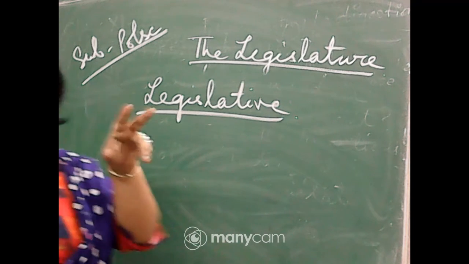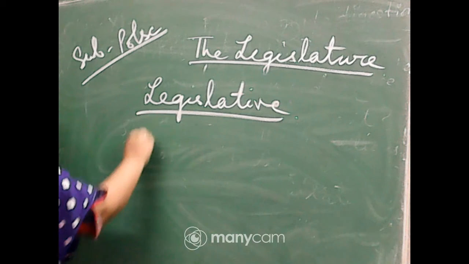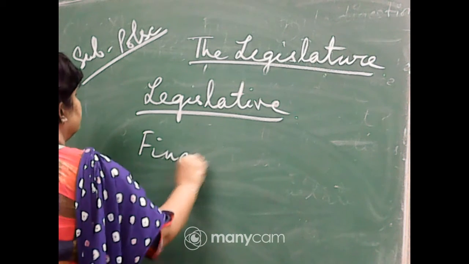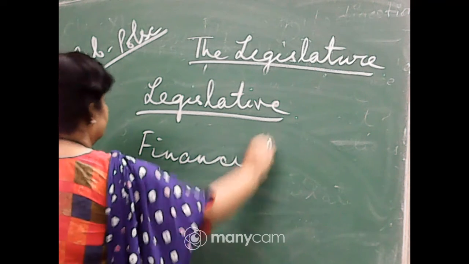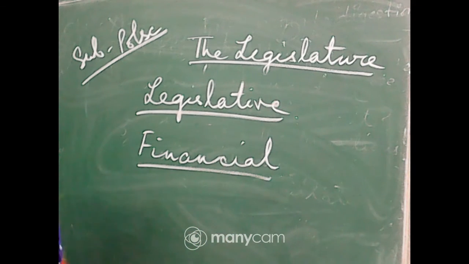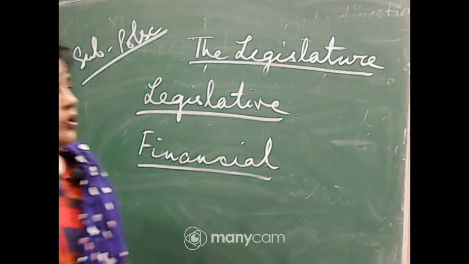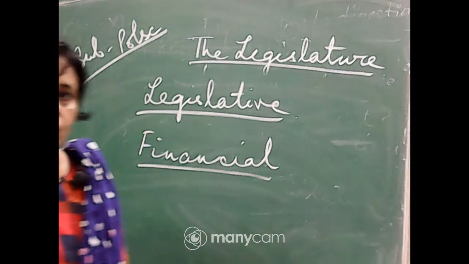These I have done with the comparative study. The second one, financial functions. With regard to financial lawmaking, a bill is always to be introduced in the lower house, that is the Lok Sabha.